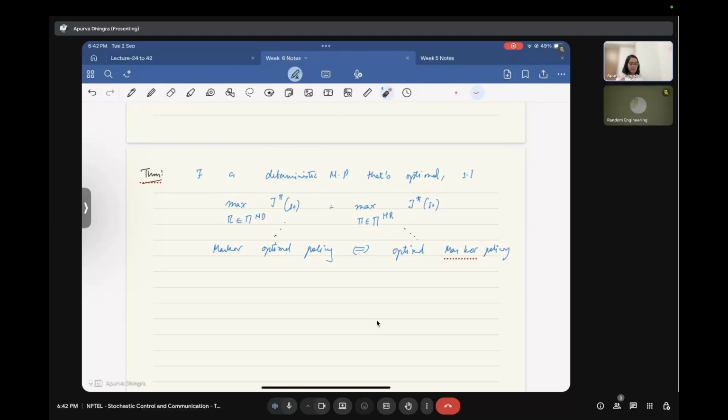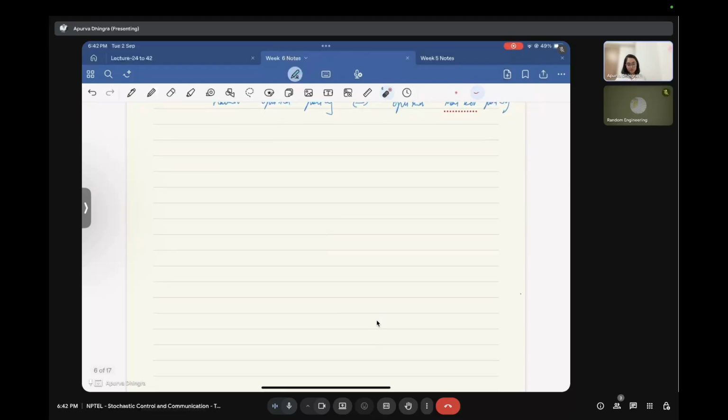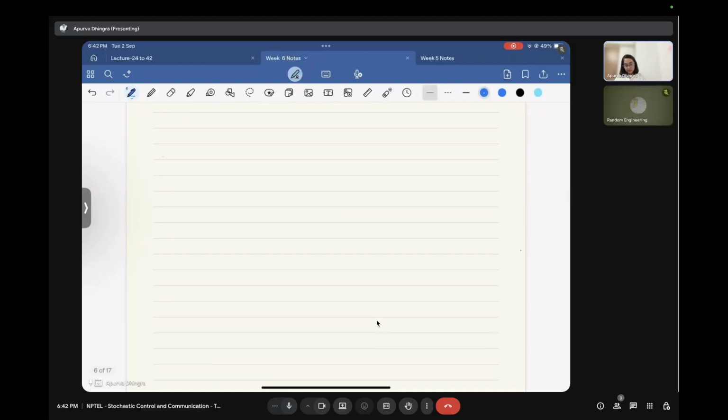Now you can take an example. So you can take an MDP. I'm not going to do this example in detail, but this is just to motivate the idea. Suppose you take something that we had before.